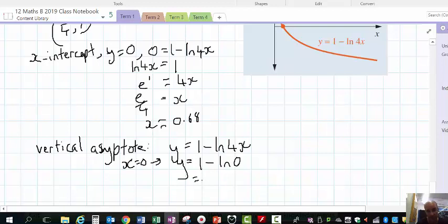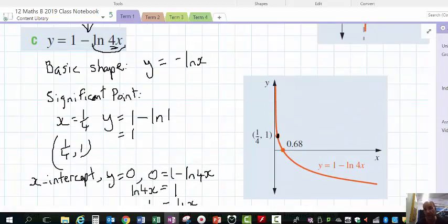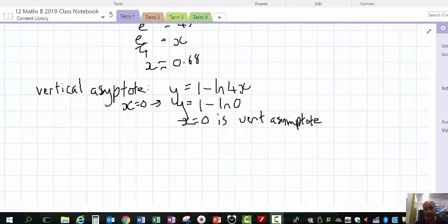Now something happens when x equals 0. We've got y equals 1 minus log 4x, and subbing in 0 we've got log of 0, which is undefined. So x equals 0 is the vertical asymptote. And we mark that in as well, and our sketch is complete.